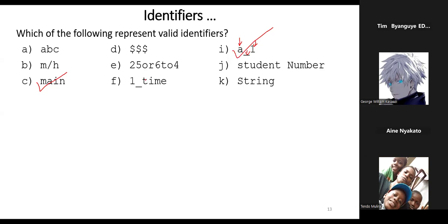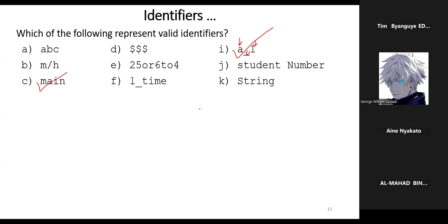Umal, are you here with us? So you can tell us which one is a valid identifier. K. Okay. Umal, were you listening?